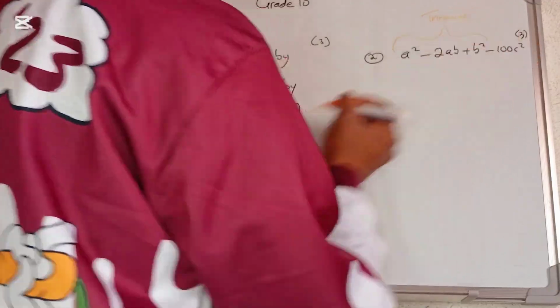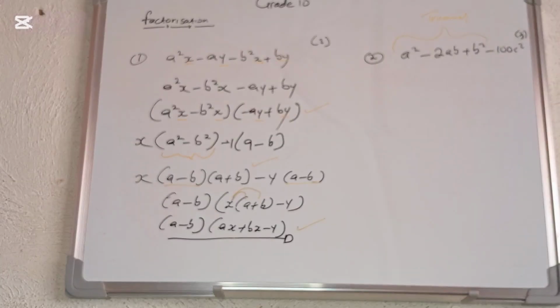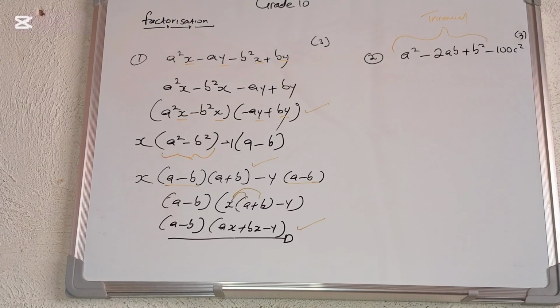Trinomial, and it can be factorized. So you can factorize what? That trinomial. You get what I'm saying? Excluding the 100c squared. So let's factorize the trinomial and see where it will take us.